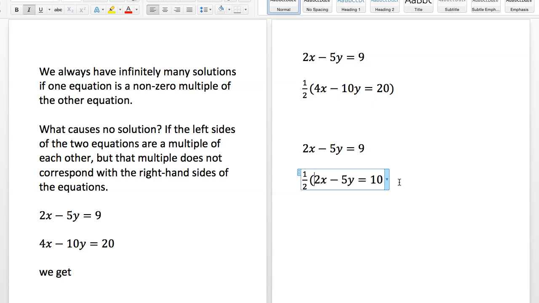Uh-oh. See, 2 is the multiple, or you could also say a half is the multiple. But on the right-hand side, 2 is not the multiple at all.